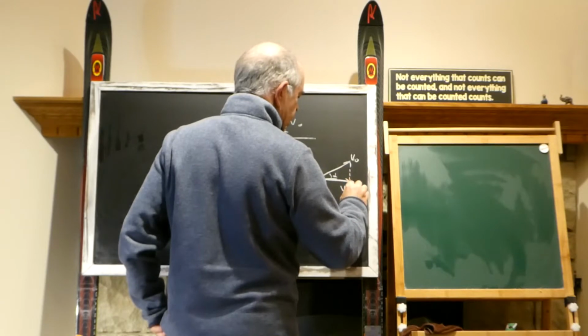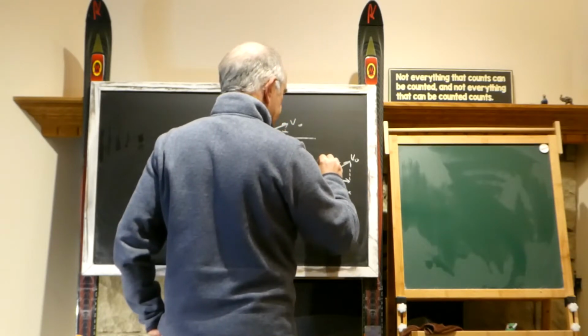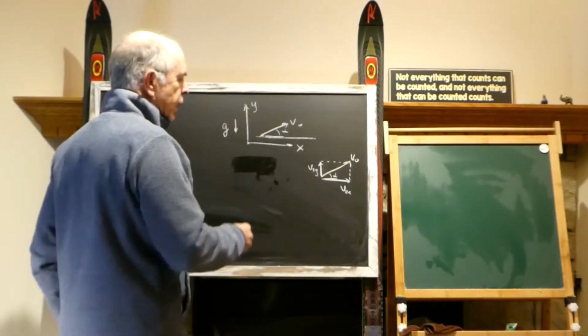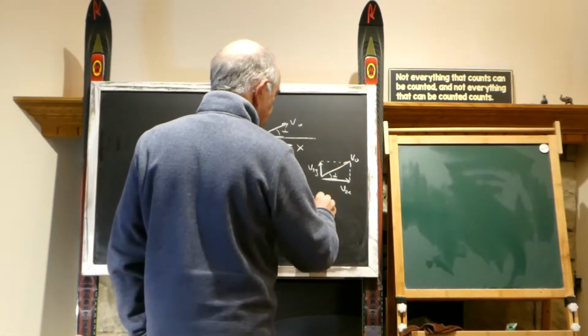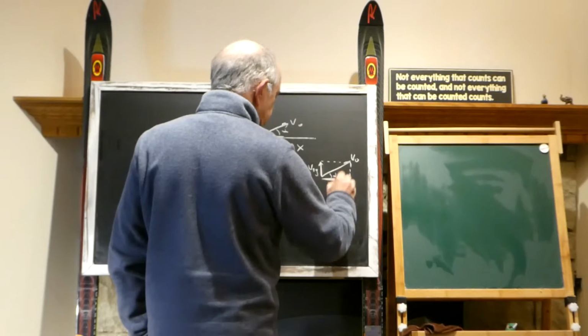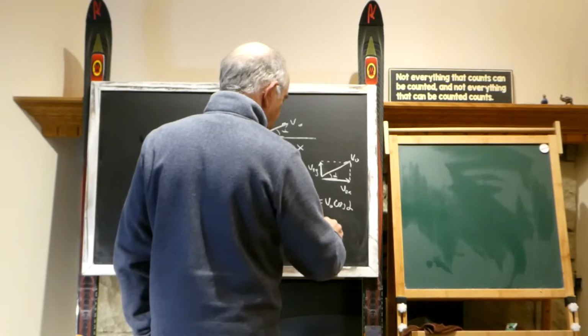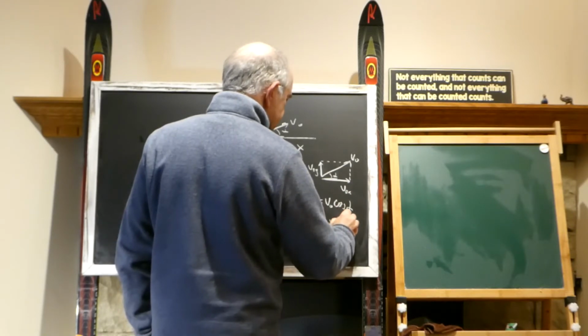This would be v0x and this would be v0y. The projection v0x would be v0 cosine alpha, and v0y would be v0 sine alpha.